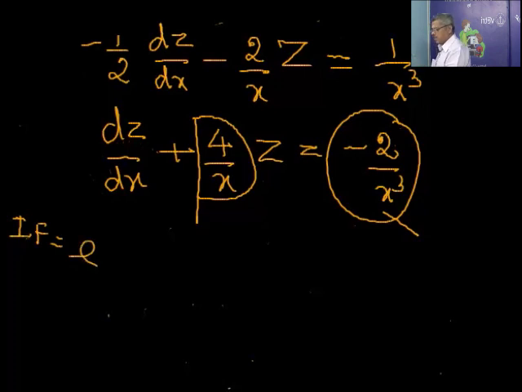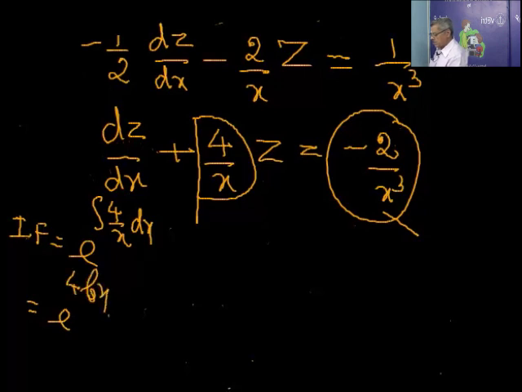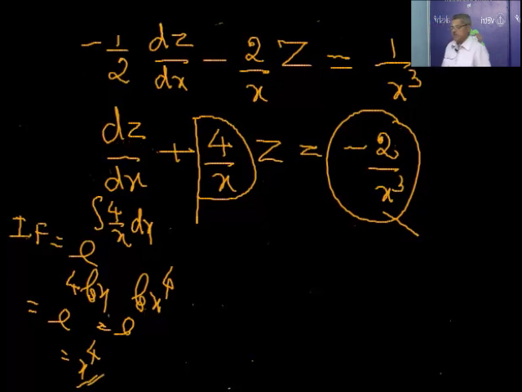As usual, e power integral P dx, integral 4 by x dx, that is e power 4 log x, log x power 4, that is x power 4 according to the property of log. If it is e power log f(x), it is f(x), so directly we can write down the solution.